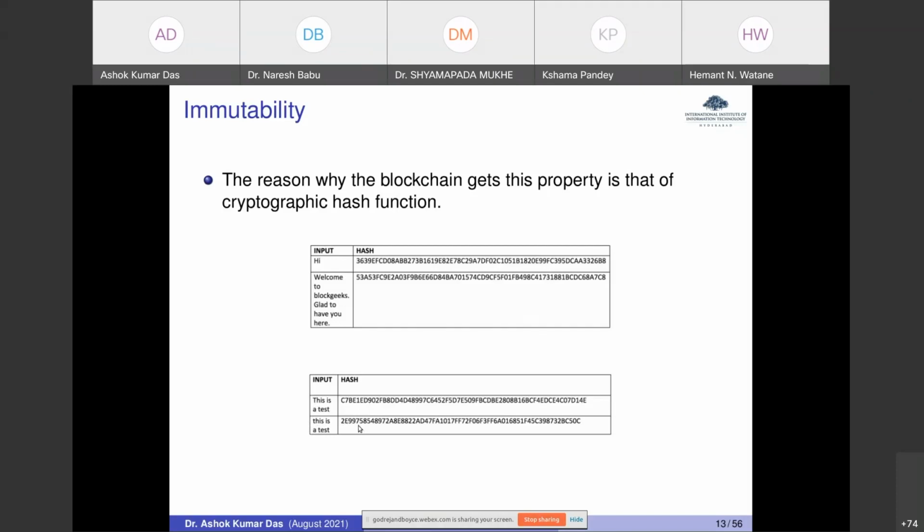So this is one of the properties of a hash function: it is very sensitive even to small perturbations in the input. Thus, if an adversary tries to modify something, it will be detected during verification, because that will make a completely random hash output for the modification.